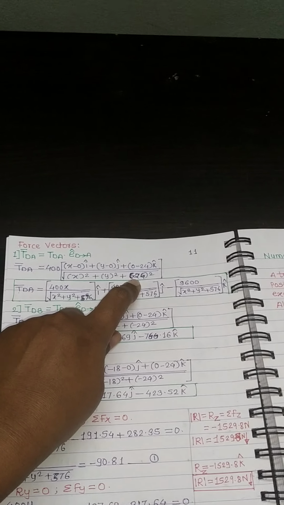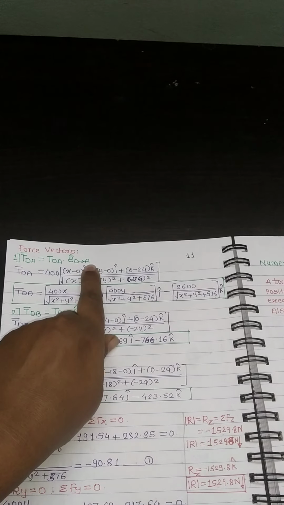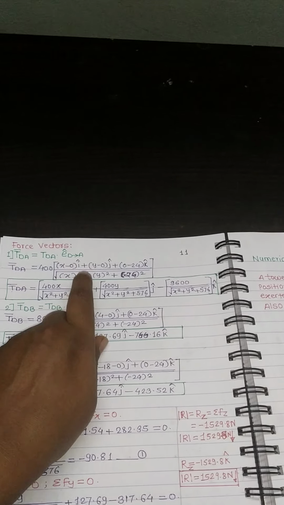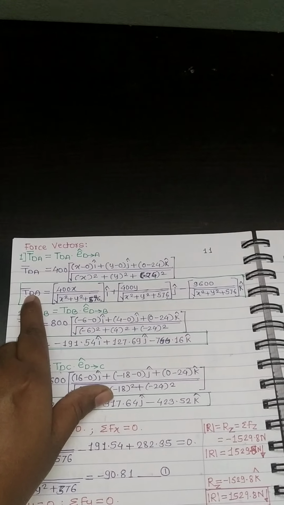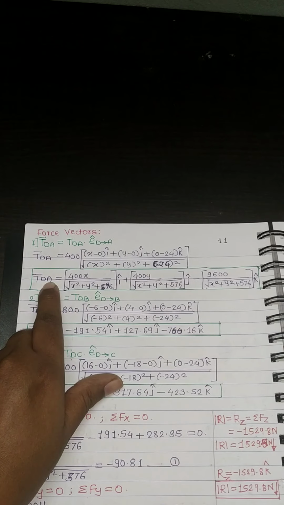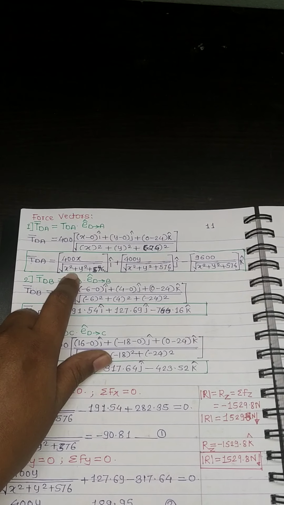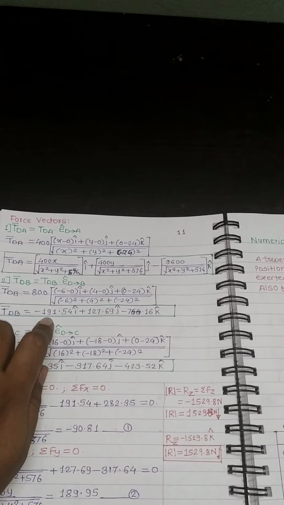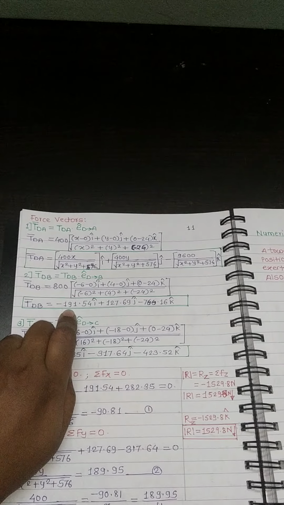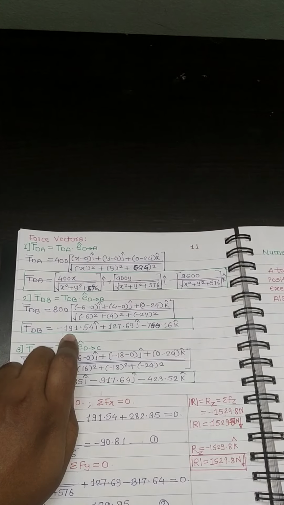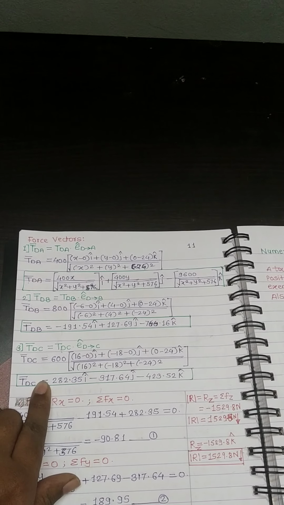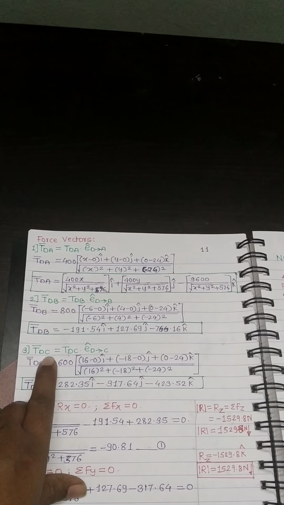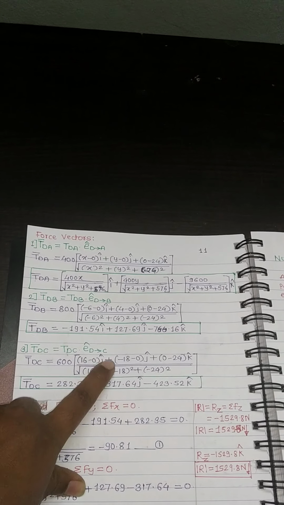By substituting the coordinates, with A as 1 and D as 2, I have found the equation for the vector TDA with the unknown x, y coordinates. I have expressed the vector TDB in the form of unit vectors i, j, k, and the same for TDC using the coordinates from C towards D.